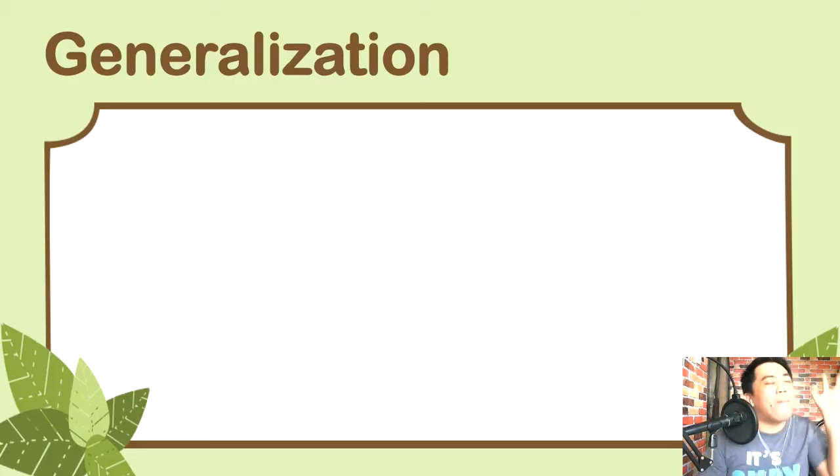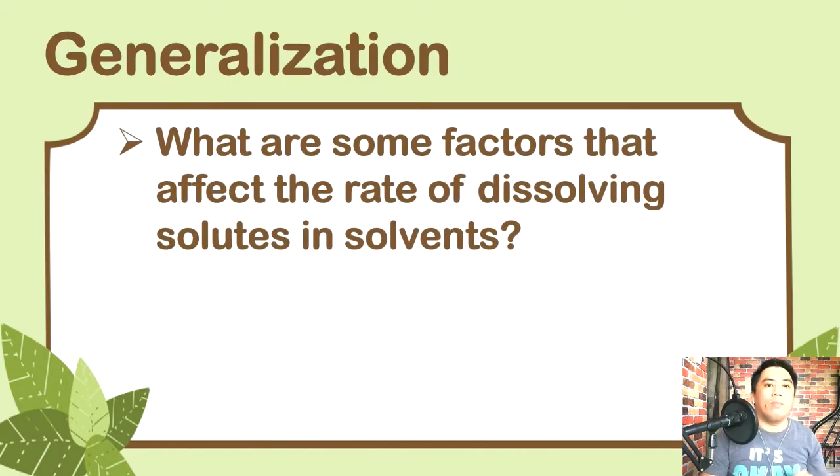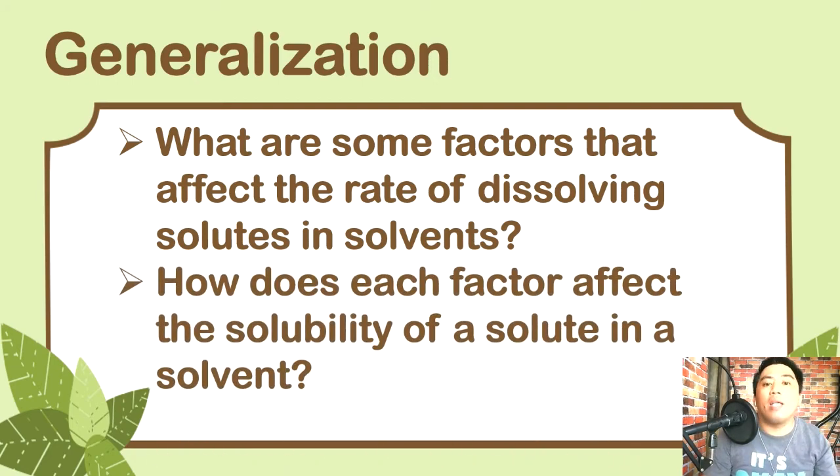Ano ba yung mga bagay na nakaka-apekto sa pagkatunaw ng mga solute sa solvent? Yan, ang tanong. What are some factors that affects the rate of dissolving solute in solvents? How does each factor affects the solubility of a solute in a solvent?